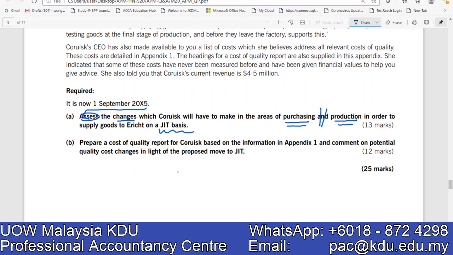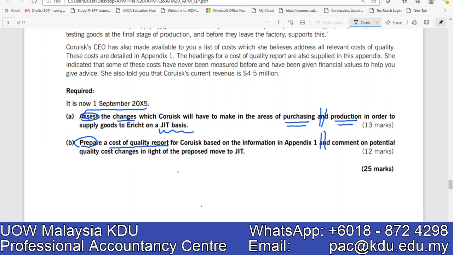Part B. Task. Prepare. Prepare what? This is the output of the answer, something called a cost of quality report. Okay? Any more tasks? Yeah. And is there a verb on the second task?